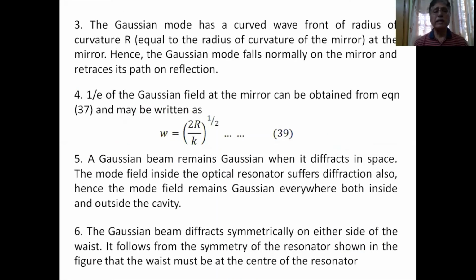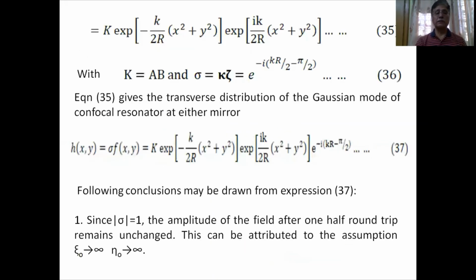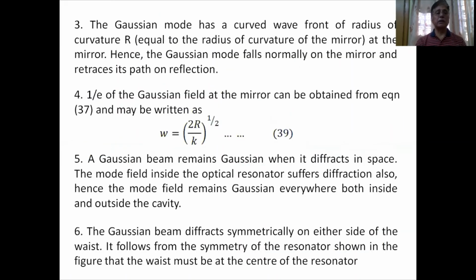The Gaussian mode has a curved wavefront of radius of curvature r equal to the radius of curvature of the mirror. If you see expression 37, you can conclude that the radius of curvature of the Gaussian mode at the surface of the mirror is equal to the radius of curvature of the mirror itself.